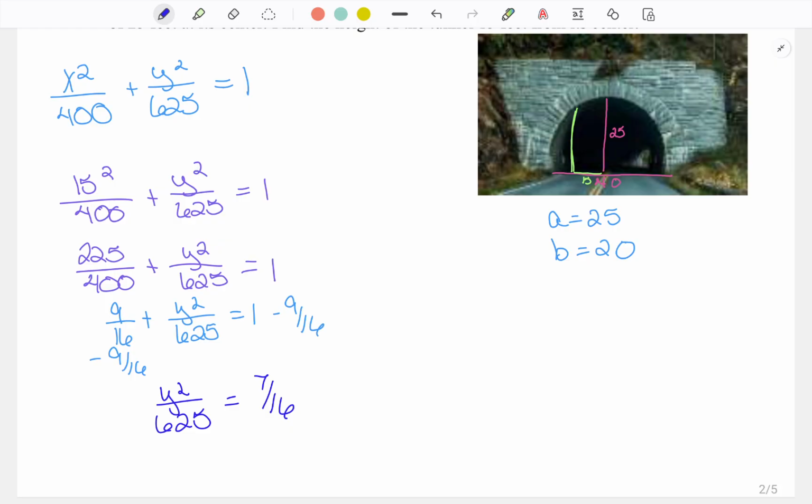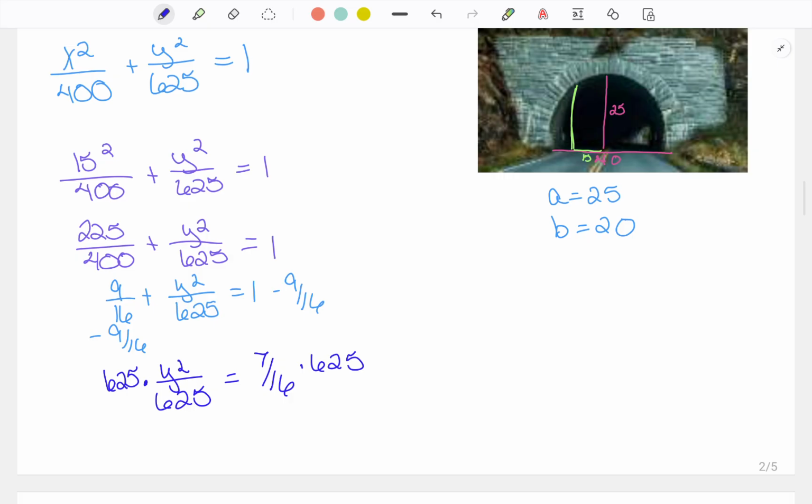And then we can multiply by 625 to get that y squared alone. So 7 over 16 times 625 gives us, not a perfect fraction, but that gives us 4375 over 16.